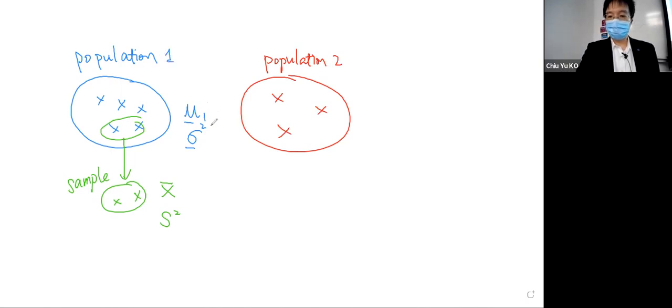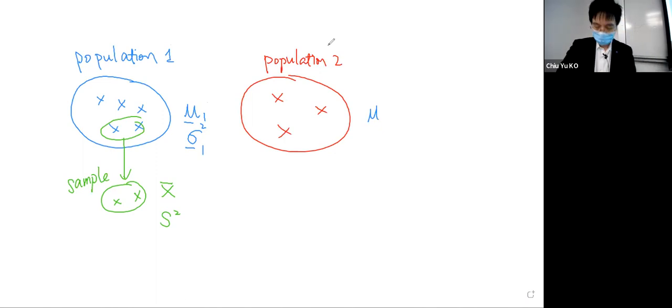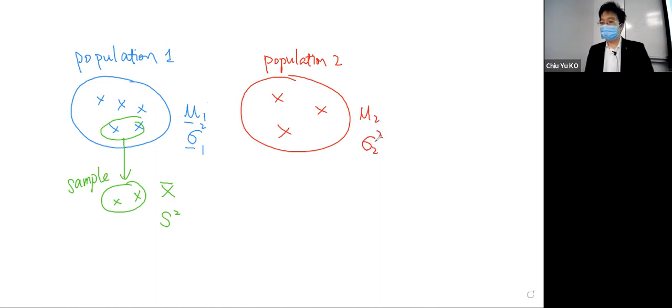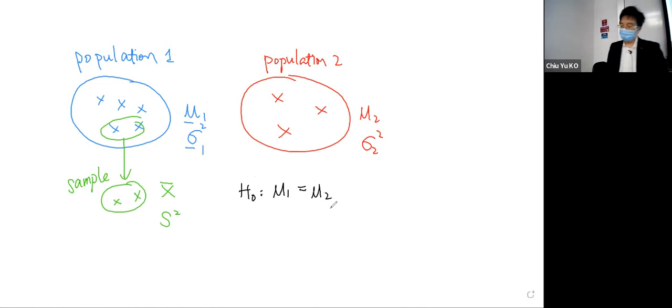We'll put mu1, sigma 1 square, and mu2, sigma 2 square. What we covered in the last class is we're trying to see if mu1 is equal to mu2, that is, whether the two populations have different means.